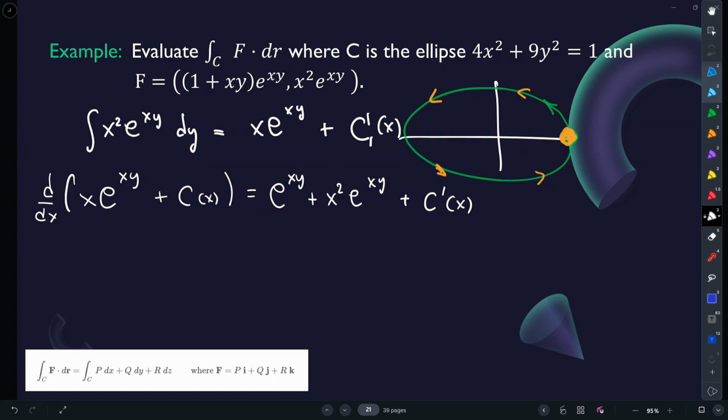And that has to be equal to the first coordinate of my vector field. This has to be equal to 1 plus xy. What did I do? I don't think I did this right. With respect to x, take the derivative of this with respect to x, a y comes down. So this is xy e to the xy.